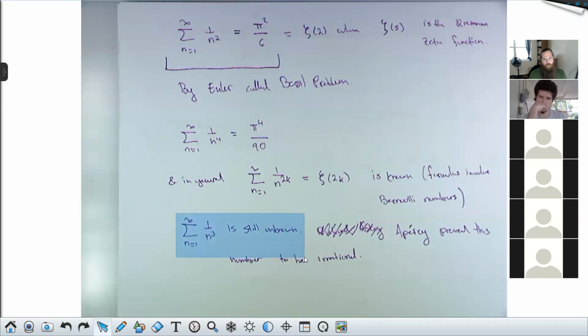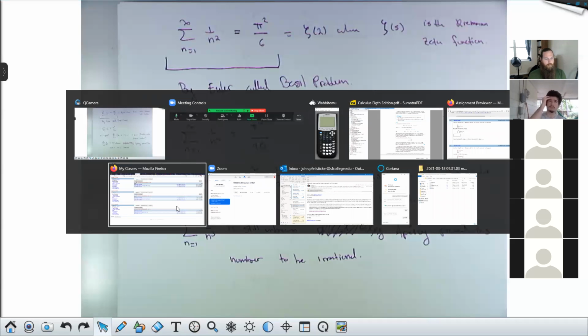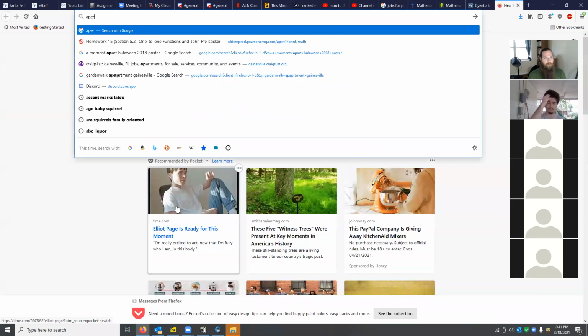I would say this is unknown in the same sense that mysteries about which we have no information are unknown. But just by brute forcing, calculating say 1 trillion terms, we could get a really good idea of it. Sure, and it's been calculated out to many, many decimal places.